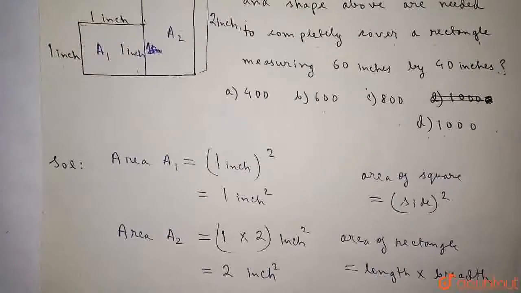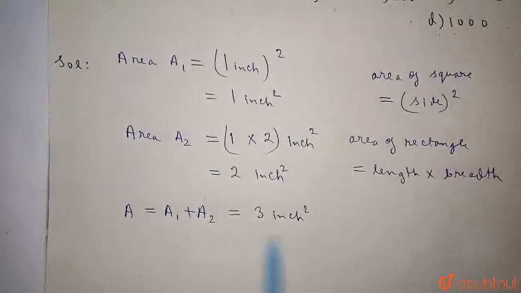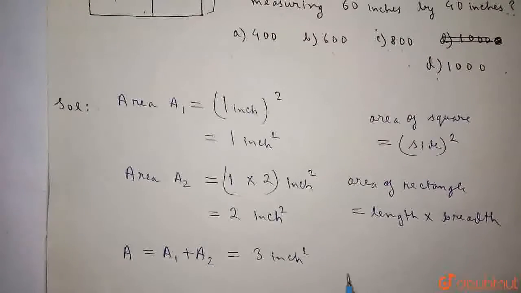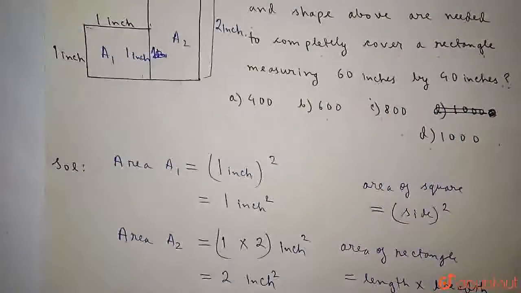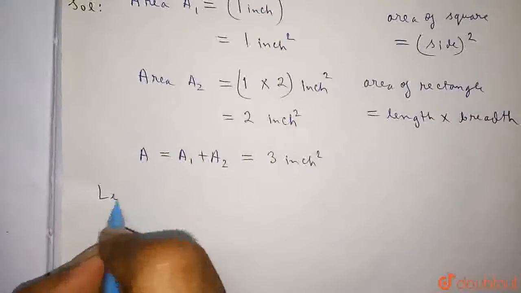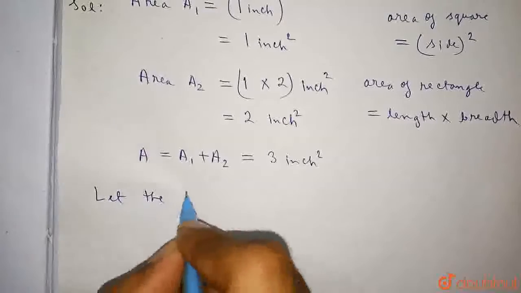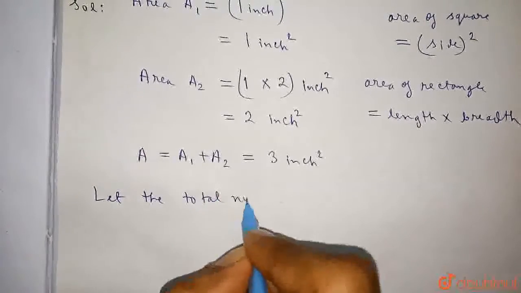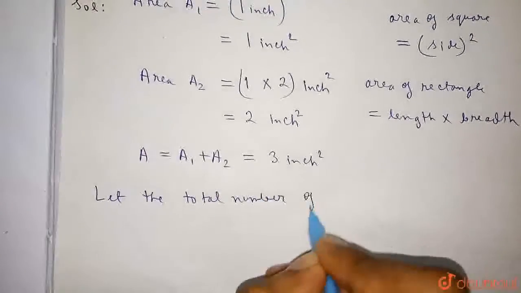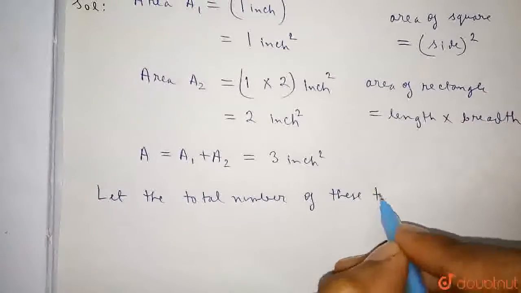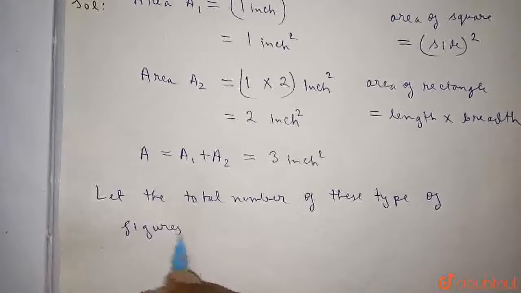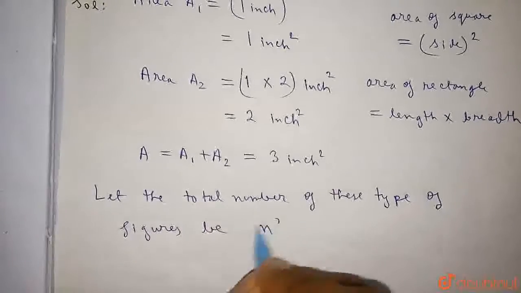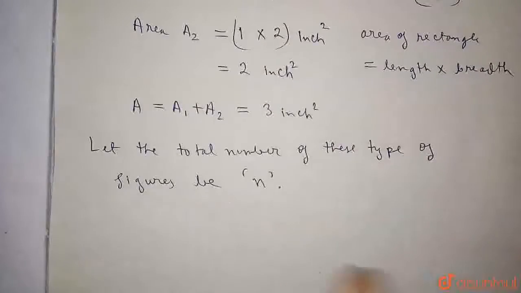So now how many of this kind of figures we need to cover a rectangle which measures 60 inches by 40 inches? Let the total number of these figures be n.